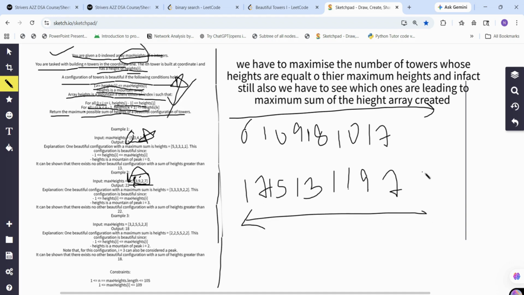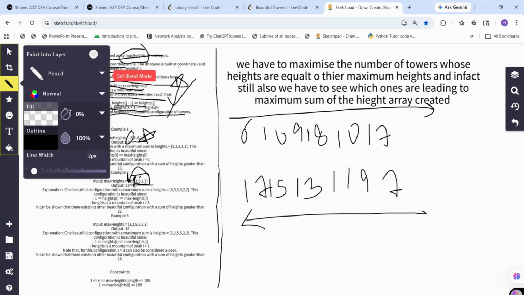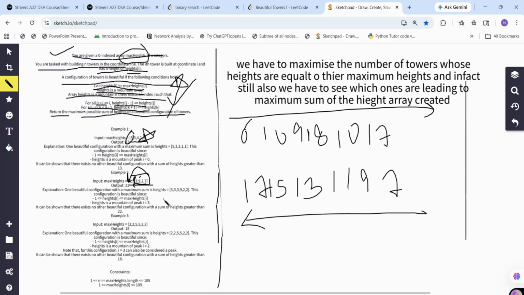So if I move from right to left, what would be the maximum sum possible that I actually calculated for this array, 6 5 3 9 2 7? This is your array. Ending at index I, I want the maximum non-increasing subarray sum possible. So for 7, then 9, then 9 plus 9 would not be working. This is the maximum subarray sum which is possible up to here, and this is 9.